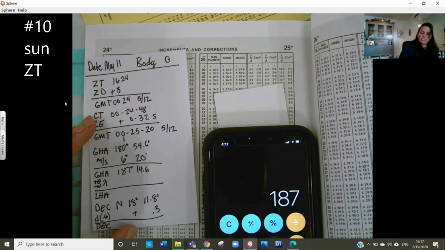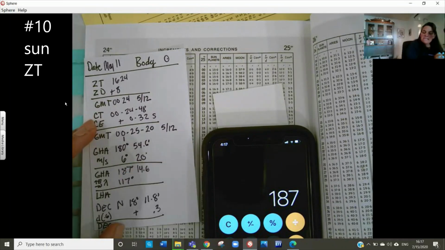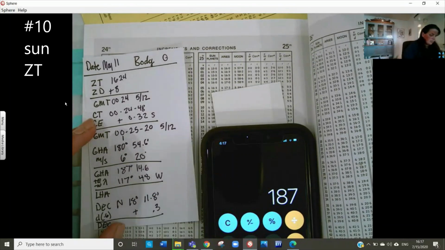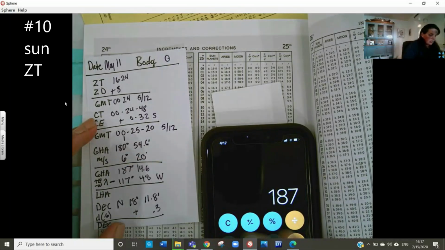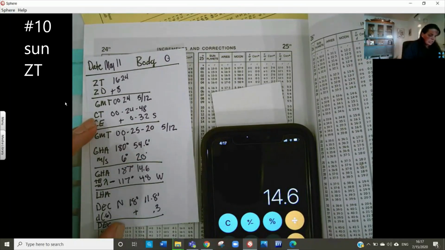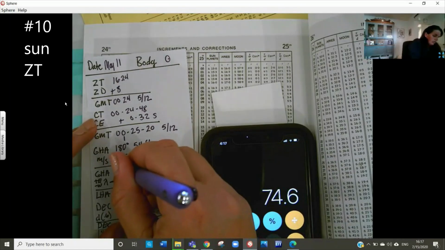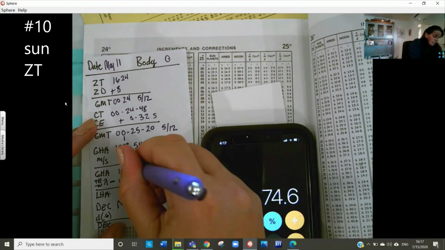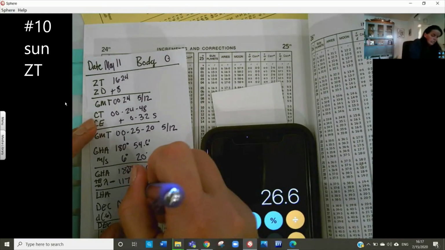Our DR longitude was 117:48 west. West, we're going to be subtracting. So our 14.6, we have to add 60, so we'll borrow. And that gives us 74 minus 48 gives me 26.